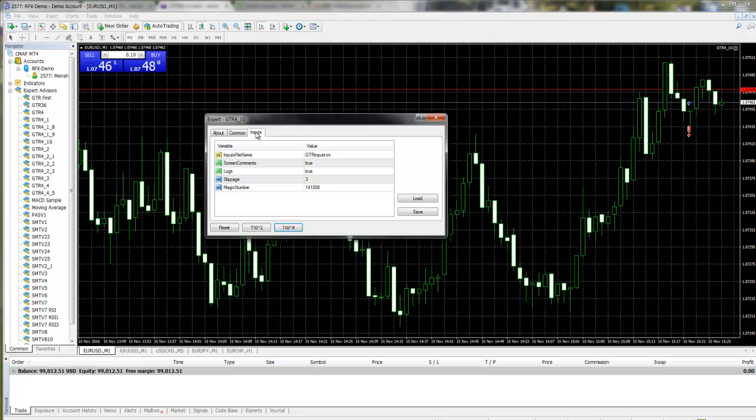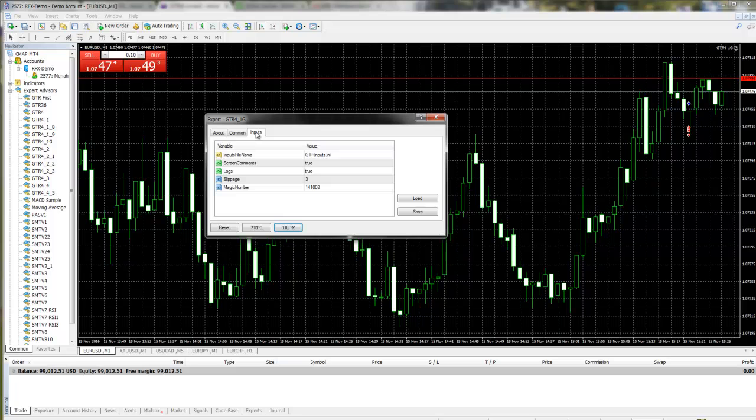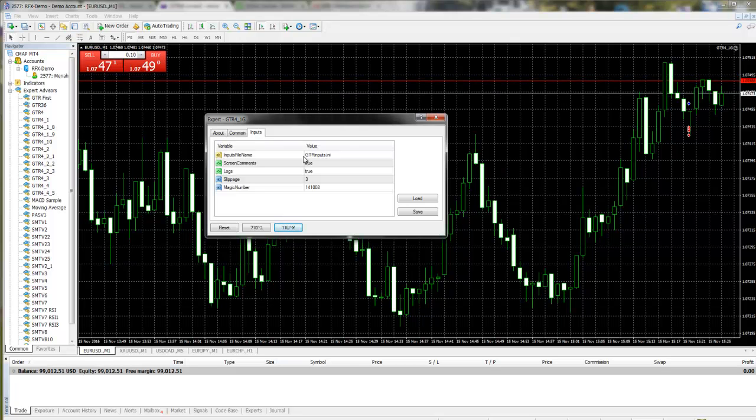It means that the configuration and the operational parameters are not built into the robot itself, but the robot gets them from an external file called gtrinputs.ini.